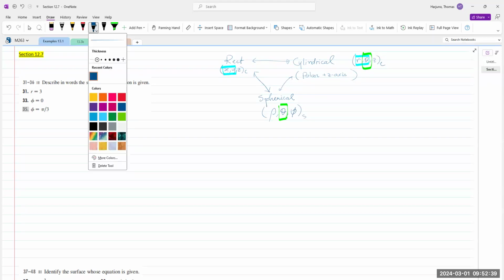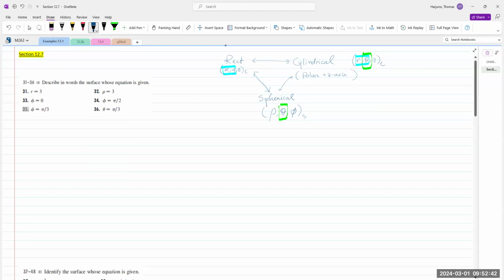But instead of doing just conversion, which I think is quite easy but needs a lot of practice, we will go on with the harder but more important part, where we need to be able to describe and visualize, if possible, a surface given an equation not in rectangular coordinates. I will try to do as many as possible here. Okay, let's start.